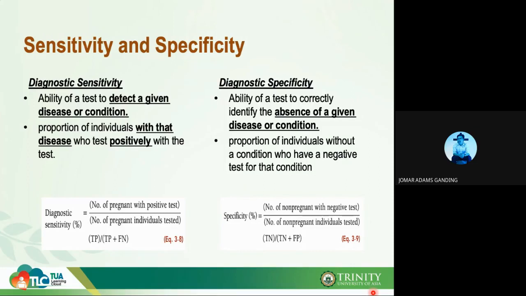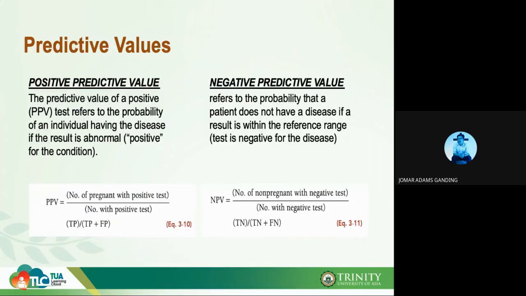Now let's go to the predictive values. The predictive value can be positive or negative. Positive predictive value is the percentage that when you had the test, you would test positive. The negative predictive value refers to the probability that a patient who does not have a disease would test negative.